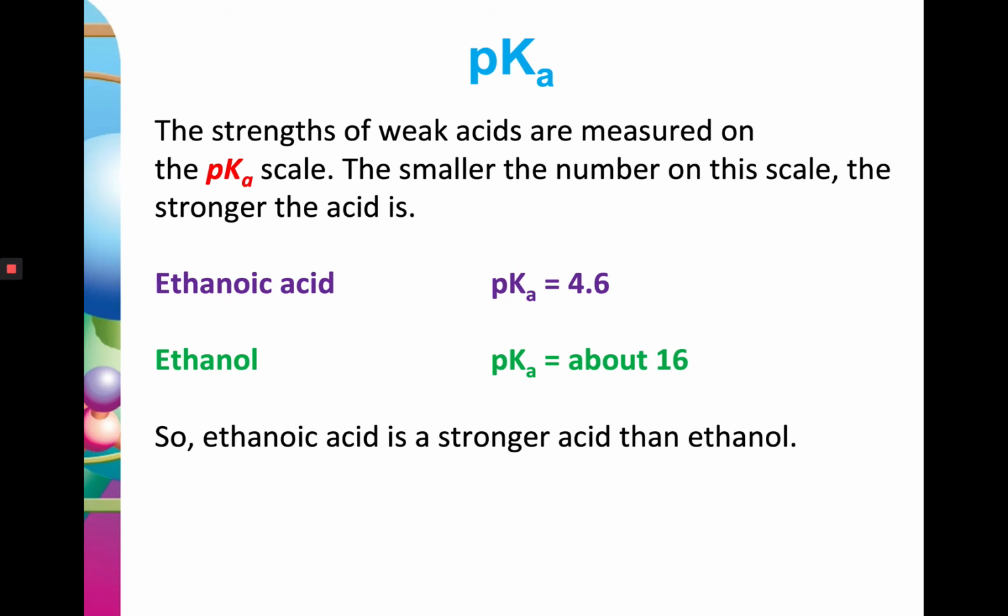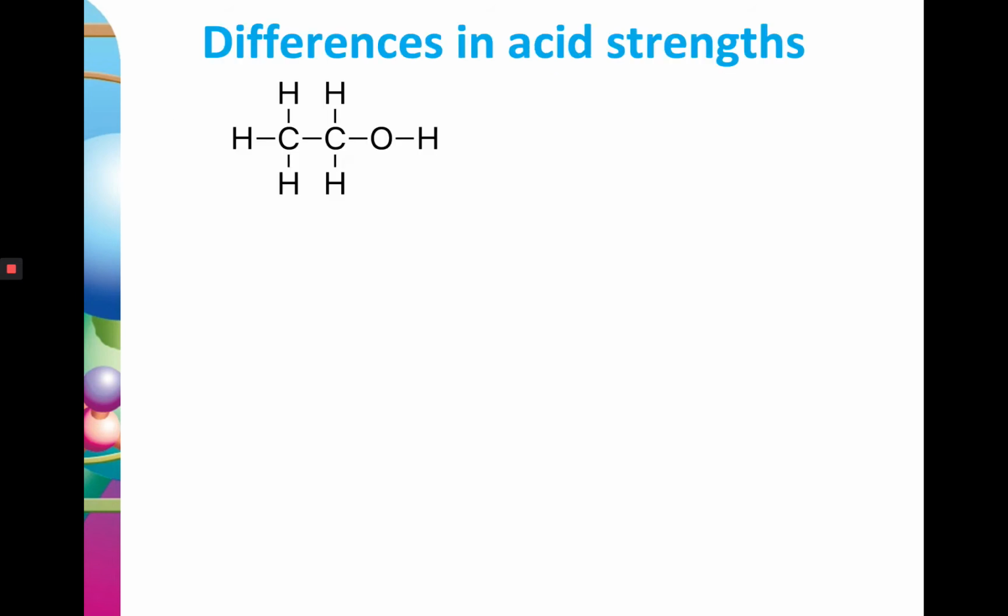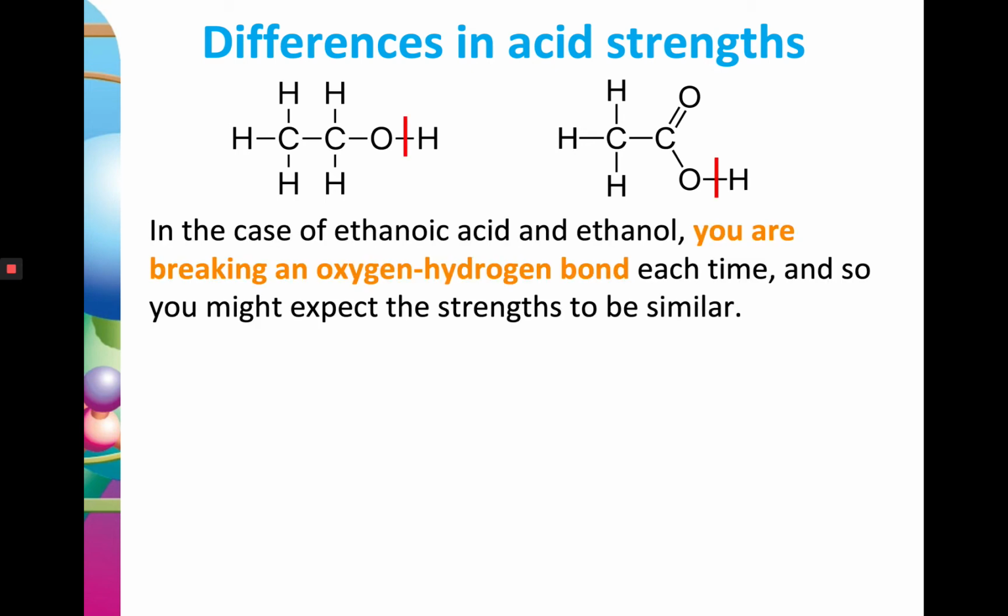But it's worth unpicking this a little bit further, because if we look at the structures of those two compounds and consider their equilibria, their acid strength, what we're considering is the same bond.